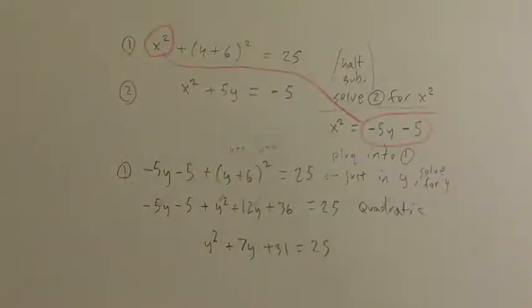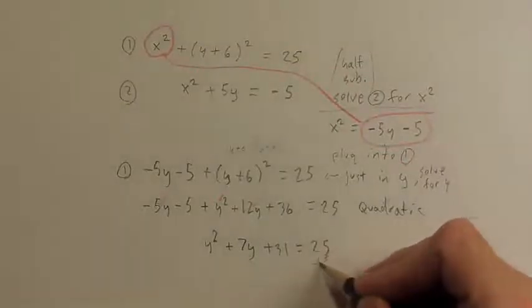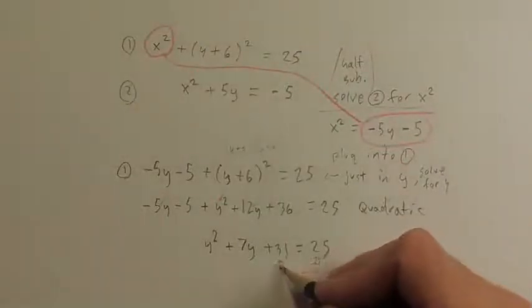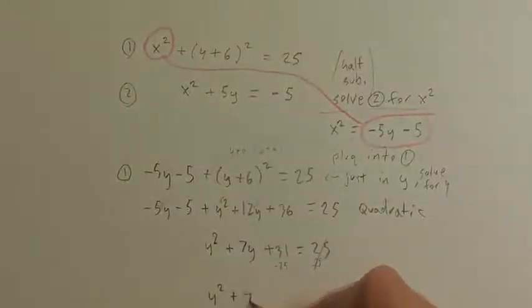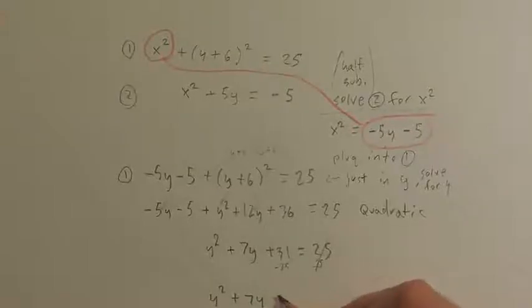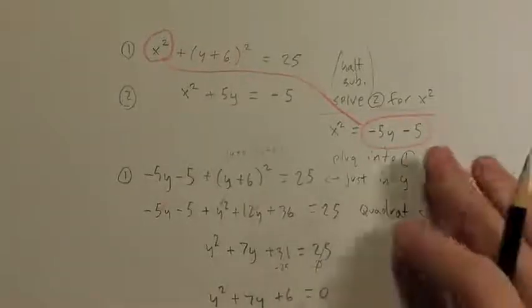Okay, it looks a lot nicer now. Now we'll move that 25 over, so we'll subtract 25 on both sides. And we'll get y squared plus 7y plus 6 is equal to 0.